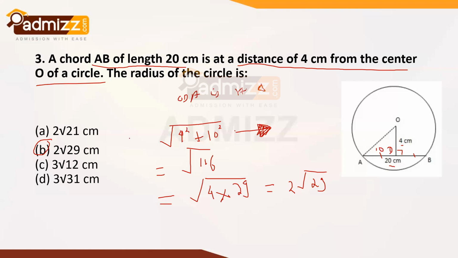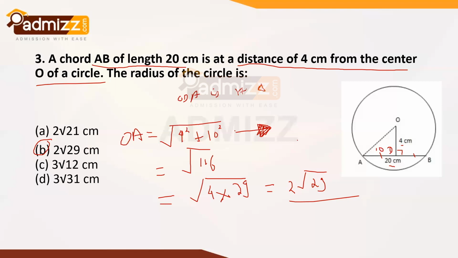Basically it says that the hypotenuse, in this case OA, which is the longest side of this right triangle, is equal to the root under the sum of the squares of the other two sides. So the answer is 2 root 29 in this case. I hope this was clear to everyone.